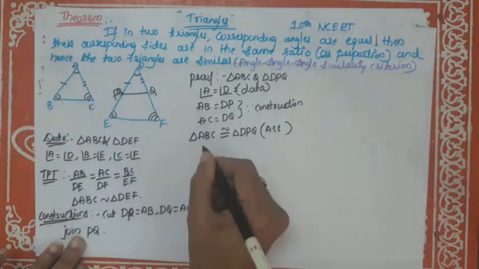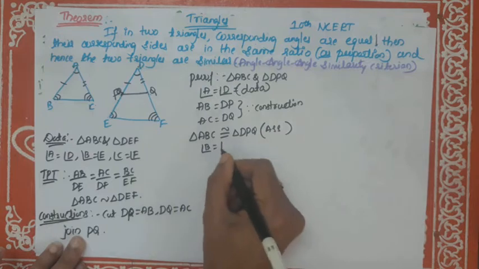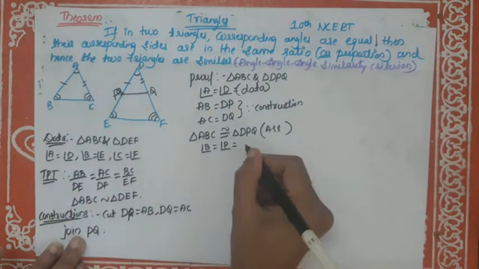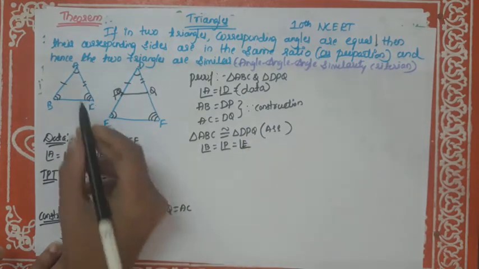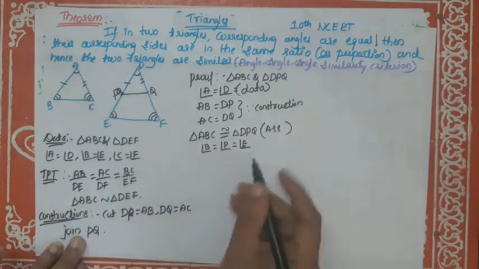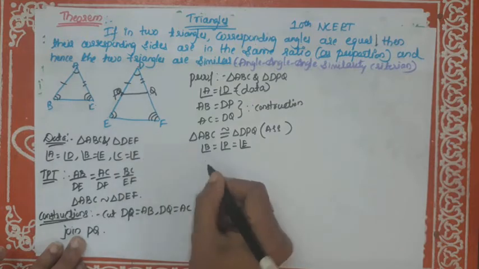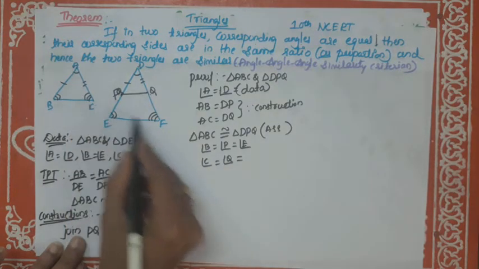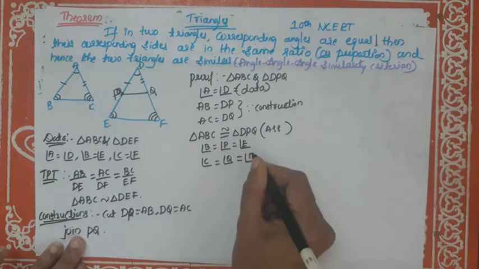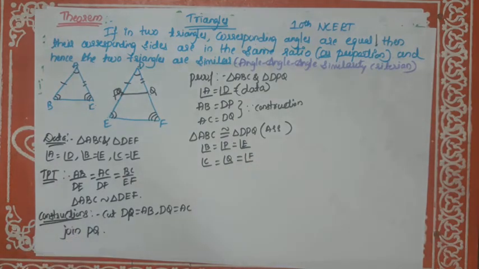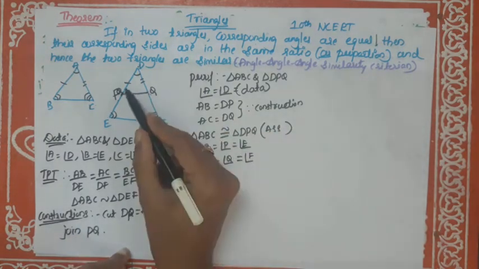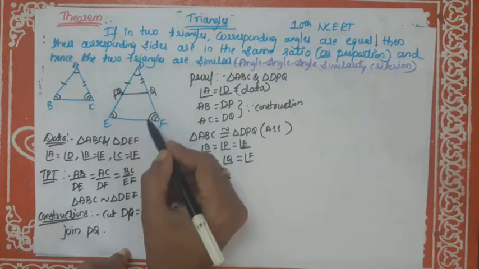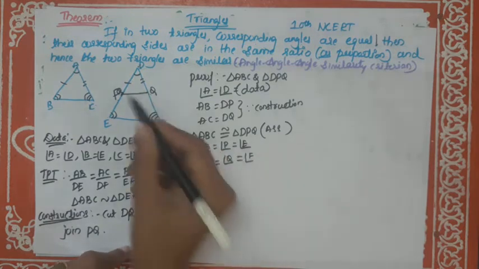So angle B equals angle E. Then angle C equals angle Q, and we know angle C also equals angle F. So we have angle P equals angle E, and angle Q equals angle F.